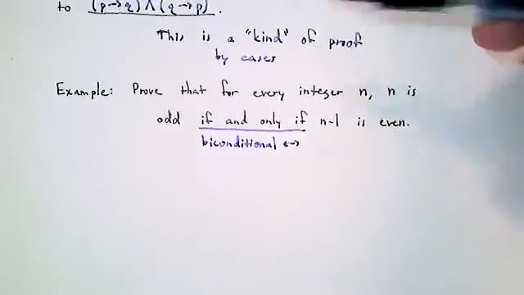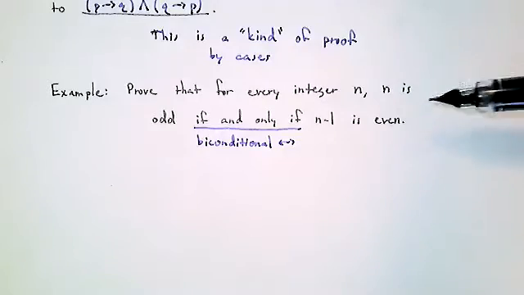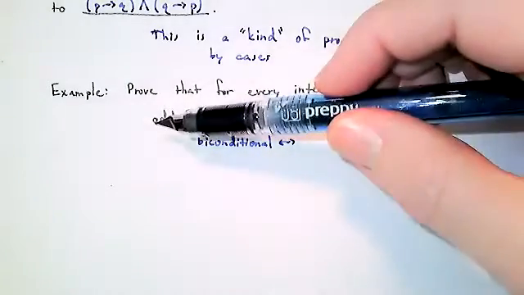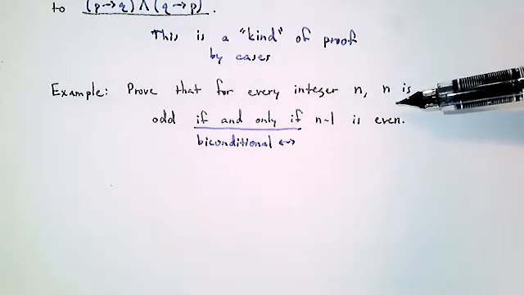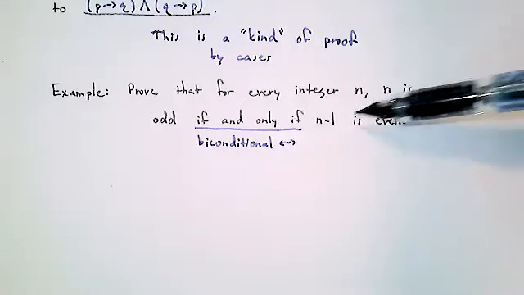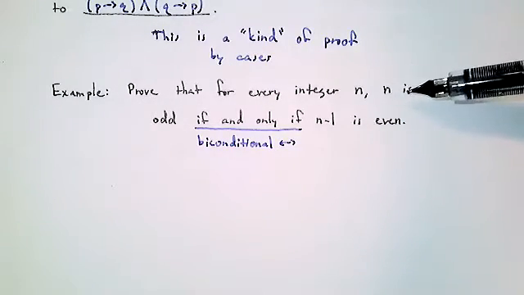So instead of having one single part of our proof, we're going to have two parts. We need to assume n is odd and then show that n minus 1 is even. And we also have to do the opposite: assume that n minus 1 is even, and show that n itself is odd.